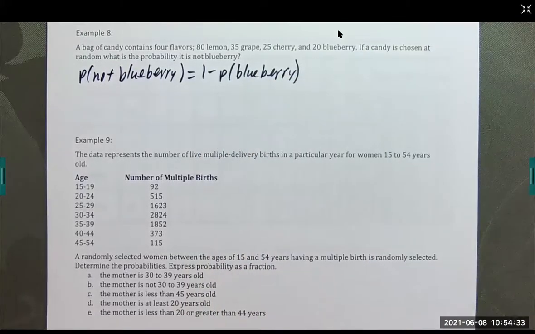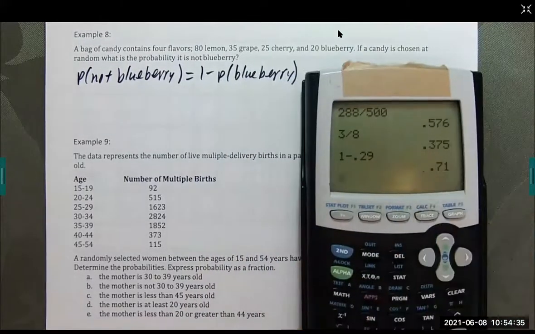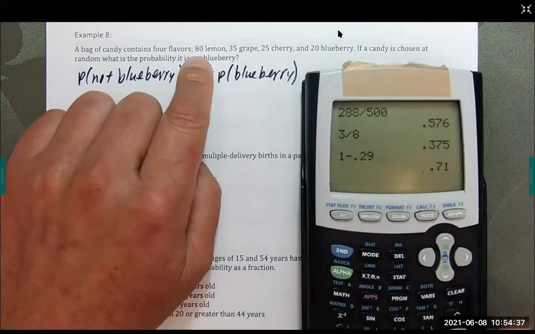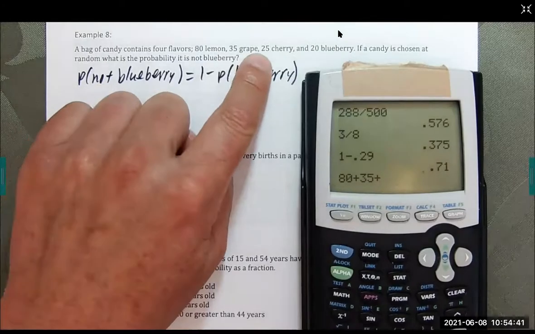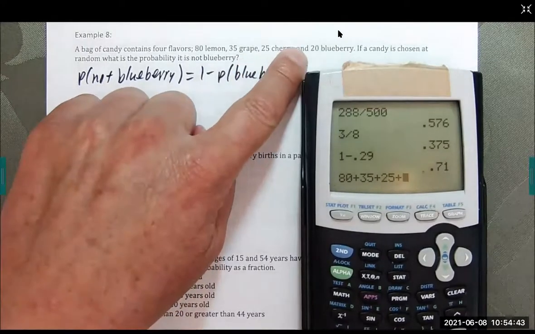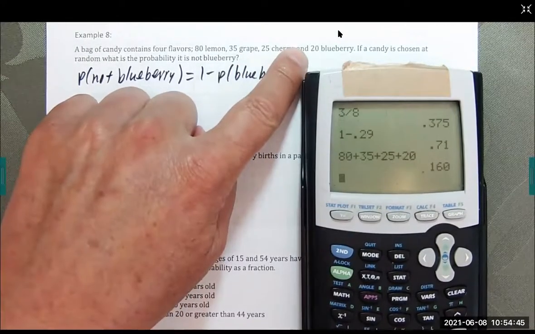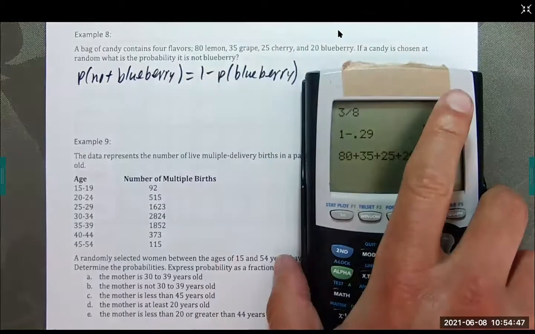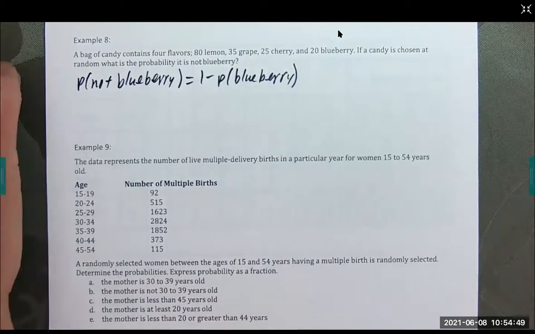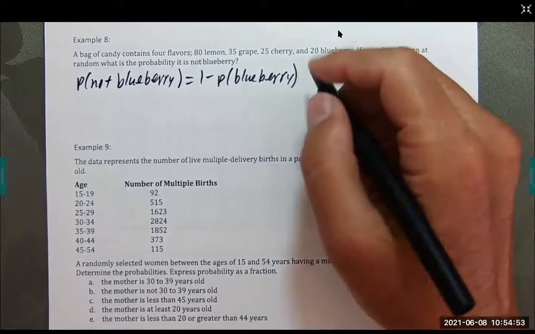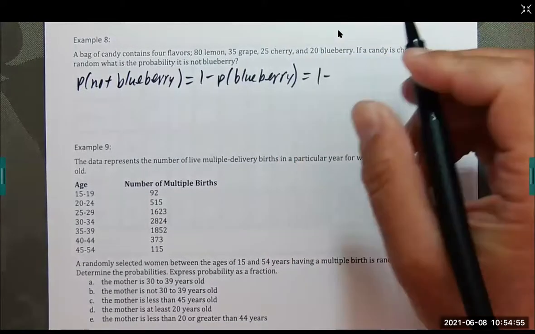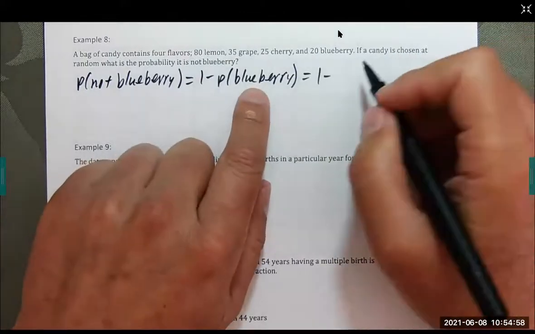First of all, I need to know how many candies there are. So that's going to be 80 plus 35 plus 25 plus 20. 160, it looks like. So it's going to be 1 minus. Now, how many blueberry are there? There's 20 out of the 160.